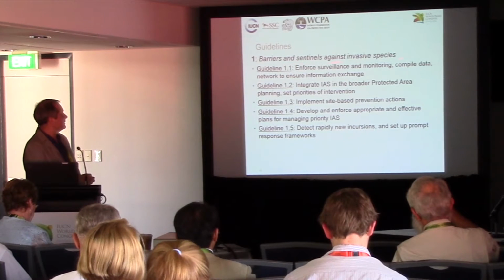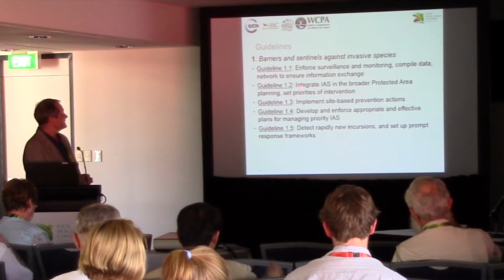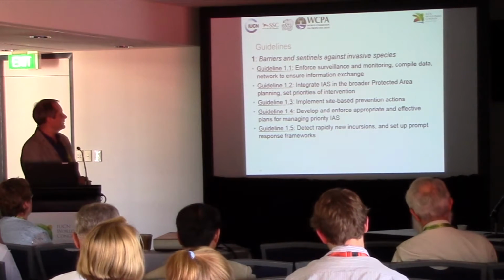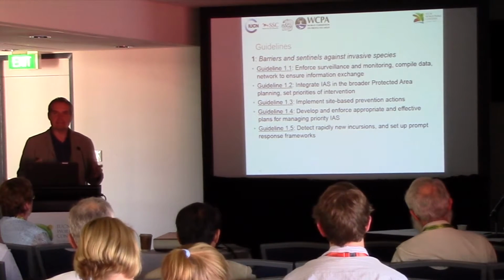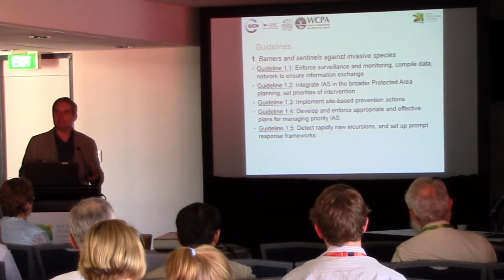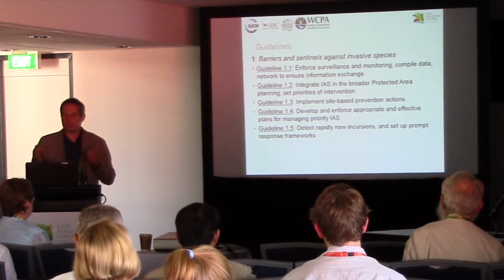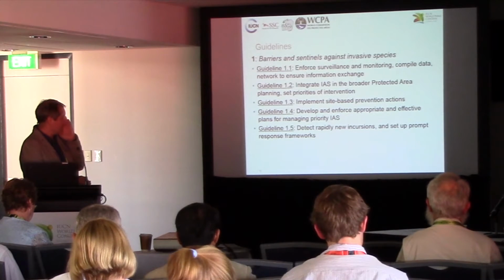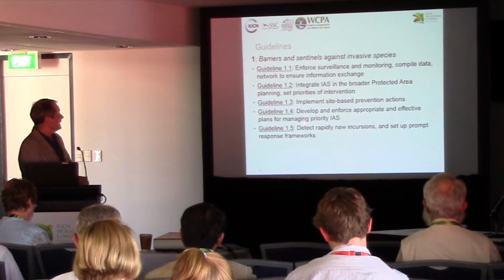guidelines, for example, regarding the barriers and sentinels: enforce surveillance, integrate invasive species in the broader planning of the protected area, set priorities. Priority setting is a crucial element, and has been formally included in Target 9. We cannot work on all invasive species. We need to identify which are the most relevant and the first ones we should focus on.